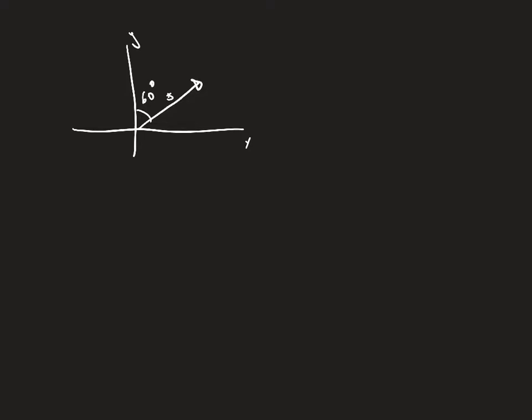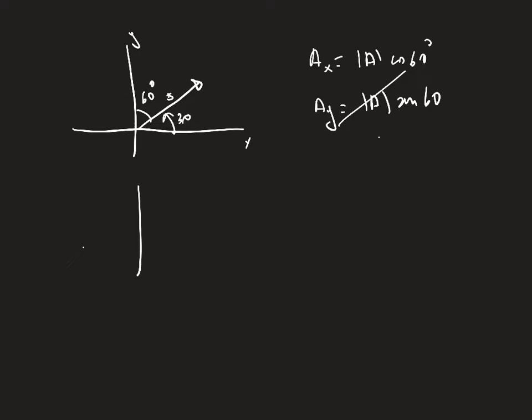If they give you this angle, you cannot make the mistake of making AX equal to the magnitude of A times cosine of 60, or AY equal to the magnitude of A times sine of 60. No, this is wrong. You have to take this angle, 30. When you take this angle, the problem is converted into the same one that we saw. So let's see another example.